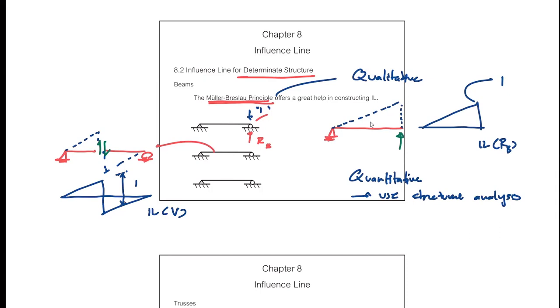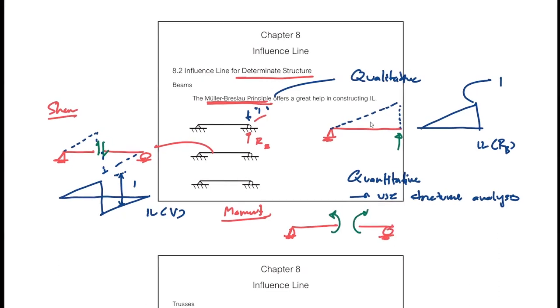Okay, or the last one, the moment. Okay, let me try to just shear. Okay, just a quick review. And if it's moment, you free the moment by adding a hinge, right? And that means your member will be able to move freely like that, resulting in the deformed shape of the structure like that.